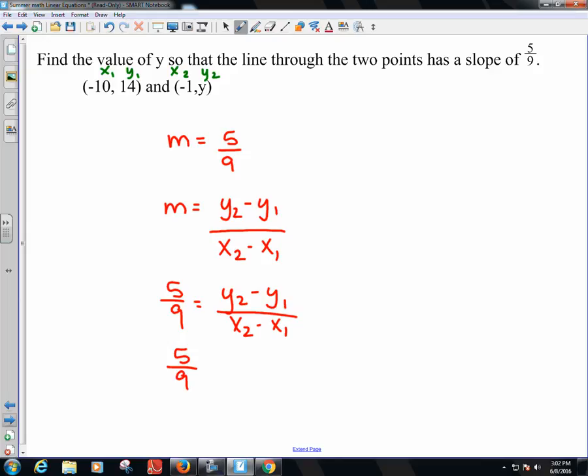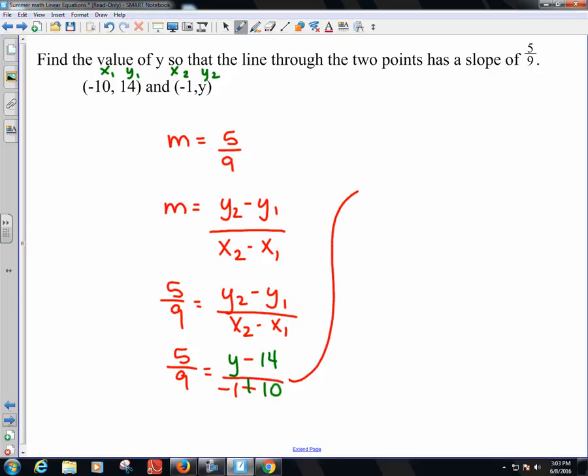I have 5 over 9 equals, well, y2 is the label that I put on y, so I'm going to plug in y, minus y1 is 14, and that's going to go over x2, labeled as -1, and x1 is labeled as -10. I've got minus, but when I put in that -10, it makes this a plus, so I end up with -1 plus 10. All right, let's simplify this.